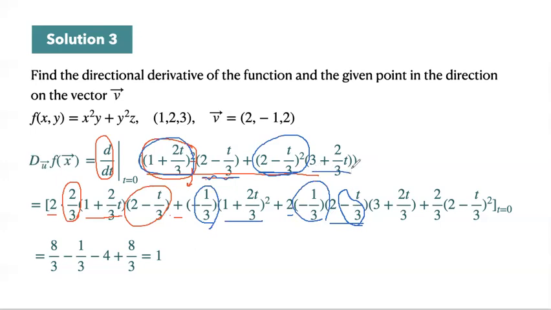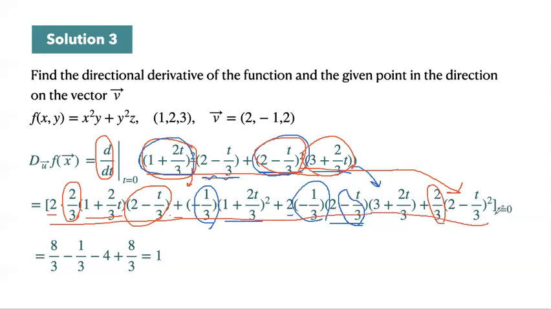And then we just put the last term here. And this time we put this thing here, and we multiply by the differentiation of this function, then we get 2/3.